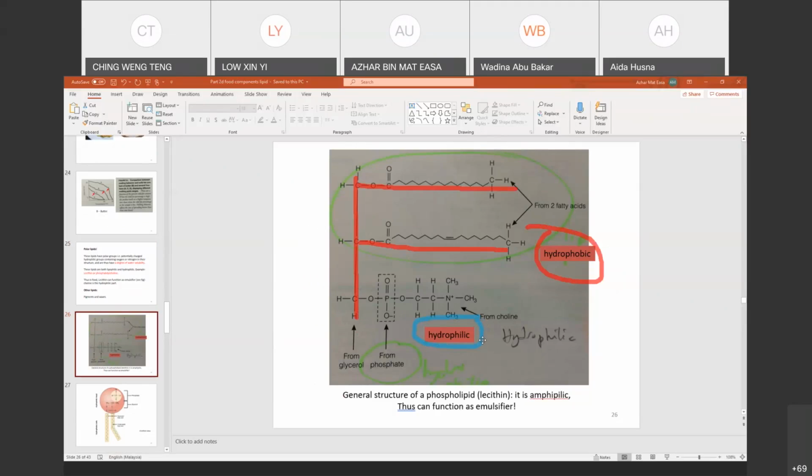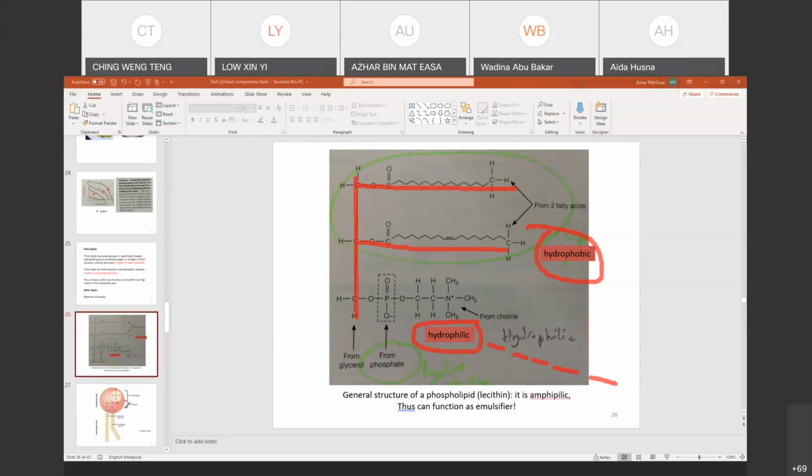So you can expect that it can interact with water. So hydrophilic will be bound to water sites. Hydrophobic will be away from the water, and because of that, as we learned in the lecture on water, you can make this particular polar lipid soluble. Well, some degree of solubility.